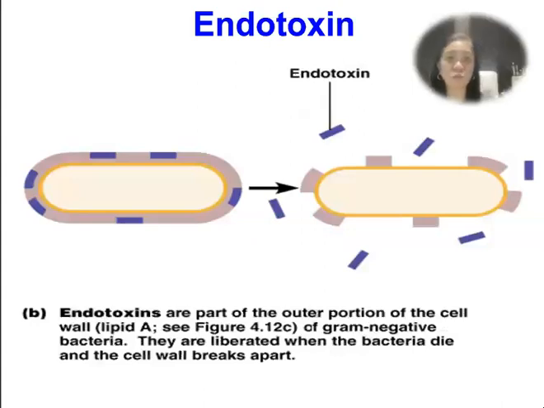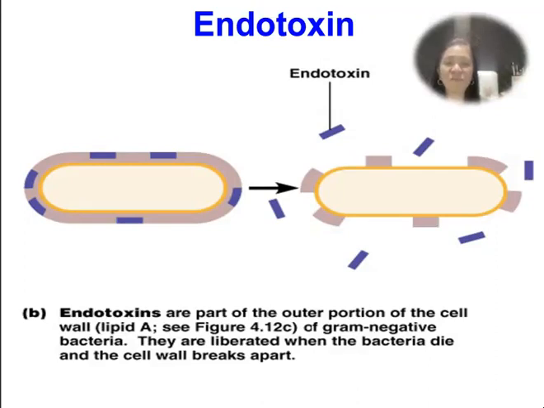Now, what about endotoxins? Ang endotoxins, endo nasa loob. Ibig sabihin nun, part ito ng body ng bacterial cells. To be exact, it's part of the bacterial cell wall. Ito yung nasa lipo-oligosaccharide, especially kay Neisseria.